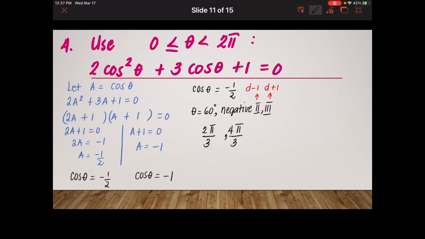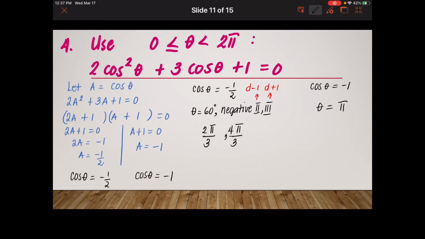And then we will do the second part. So cosine theta is equal to negative 1. We know that cosine is negative 1 at the quadrantal angle, which is 180 degrees. And 180 degrees in radian is pi.